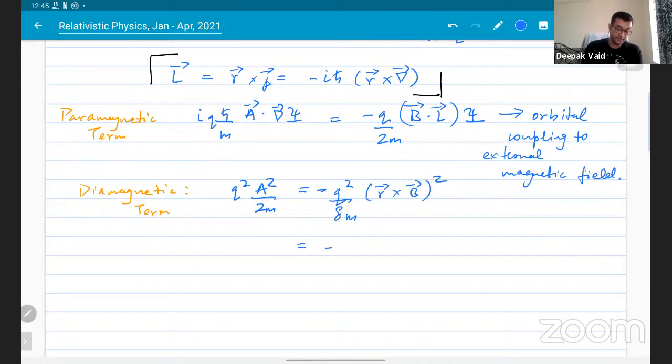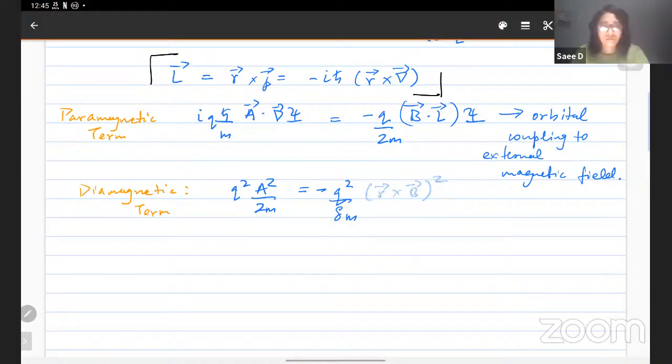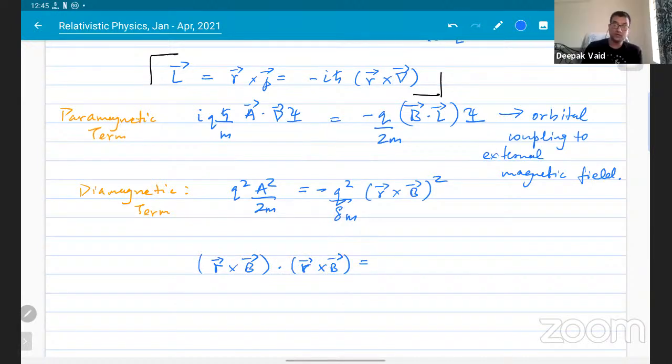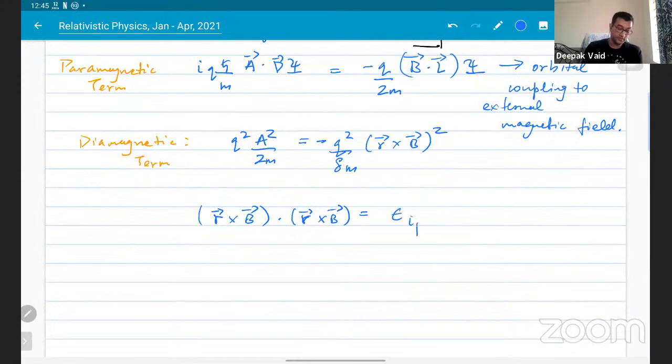And this expression R cross B squared, again, if you want to evaluate what this will be, we can use our epsilon expressions. So I'll write this as epsilon ijk rj bk, and the second term I'll write as epsilon imn rm bn, right?